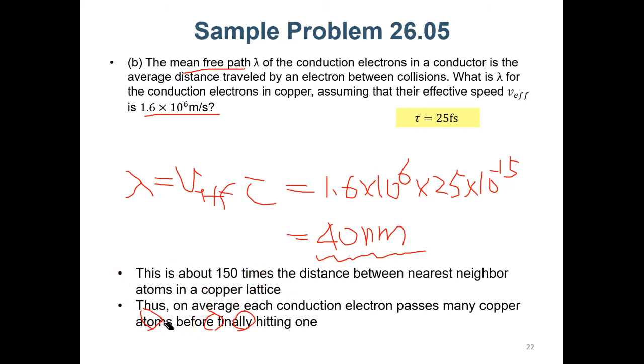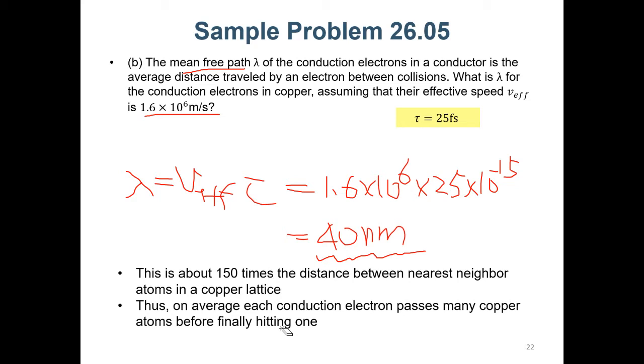So this is about 150 times the distance between nearest neighbor atoms in a copper lattice. Thus, on average, each conduction electron passes many copper atoms before finally hitting one, because you can imagine the radius of a copper atom: most of it is empty.